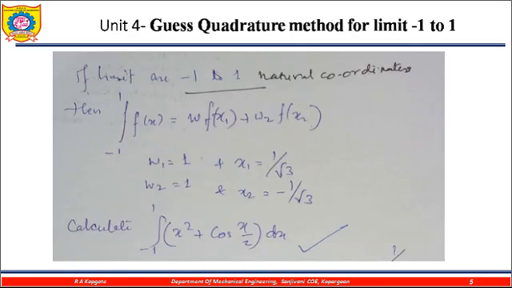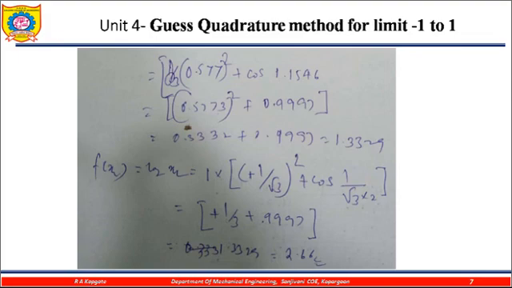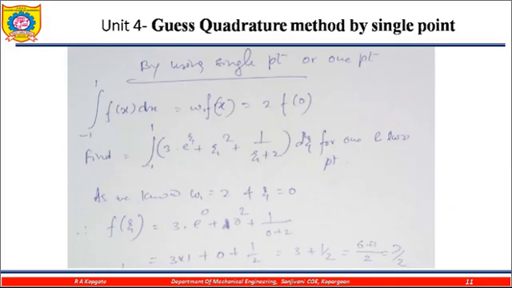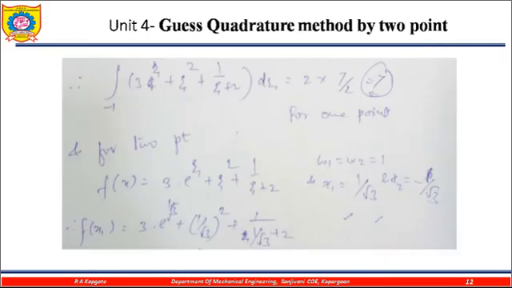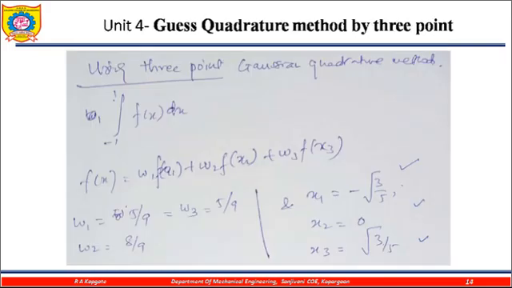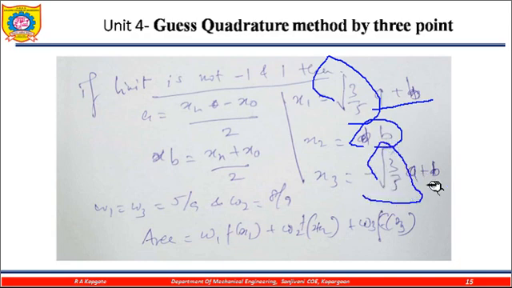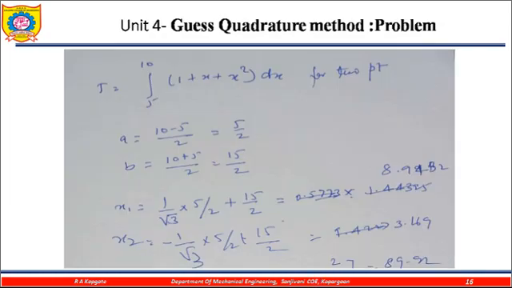Now when we are solving the problem of 3 points with a limit other than minus 1 to 1, then now see, this is root 3 by 5 multiplied by a plus b. This is the b, and this one is minus root 3 by 5 into a plus b. Put the values into this one and get the solution. So let us take the problem.